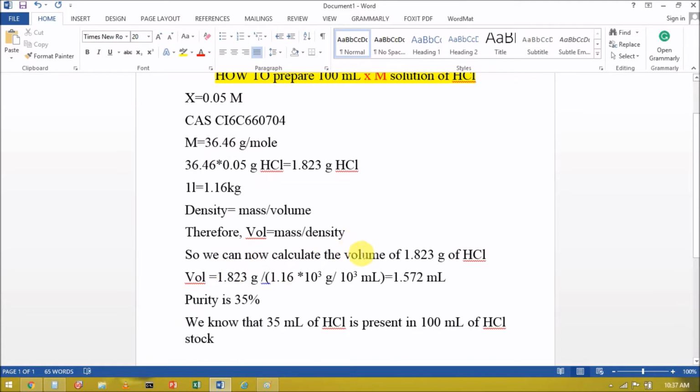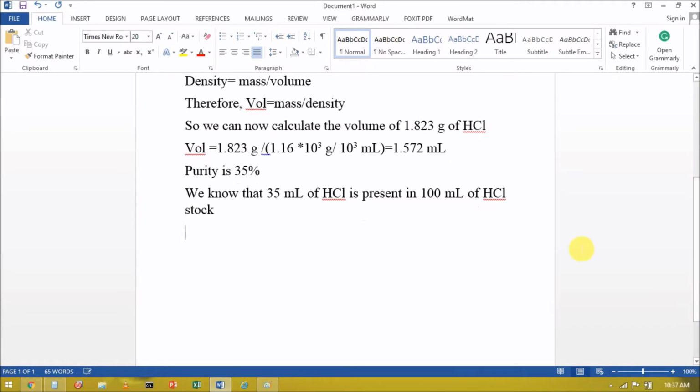Therefore 1.572 ml of HCl is present in 100 by 35 into 1.572 ml of HCl stock.